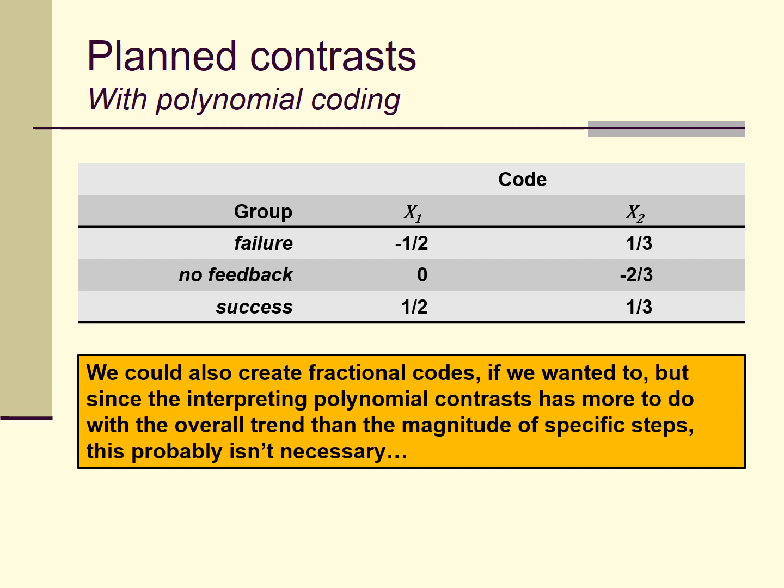If you're testing a linear trend, you're not so much concerned about what's the difference between level 1 and level 2, and what's the difference between level 2 and level 3. You're more concerned with whether, as we go across levels, the outcome variable rises or falls. So the exact magnitude of the regression coefficient is less interesting, so often we don't bother to create these fractional codes. But you could.